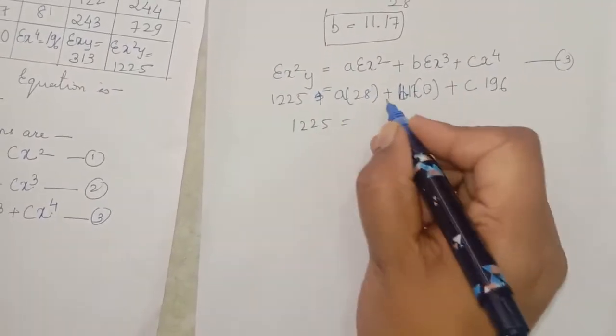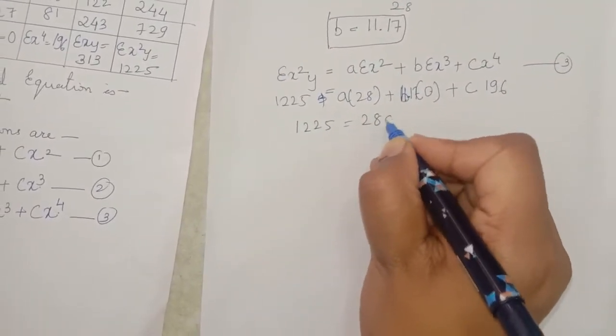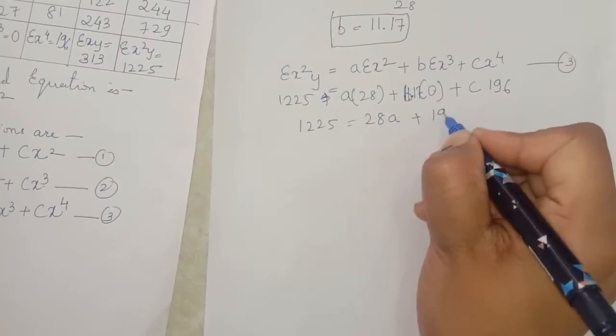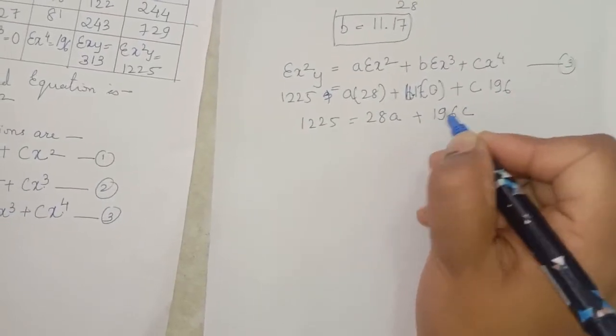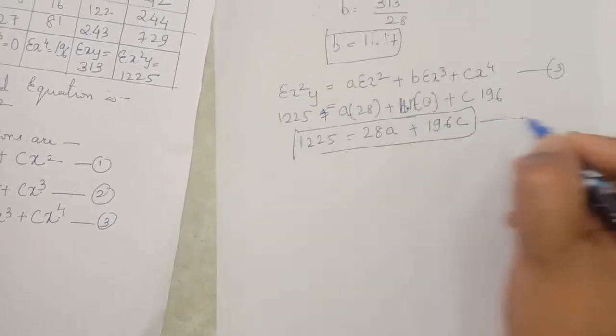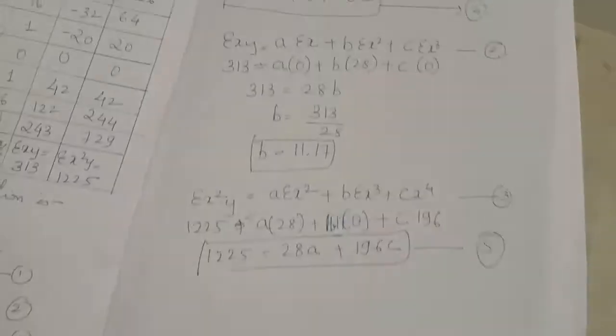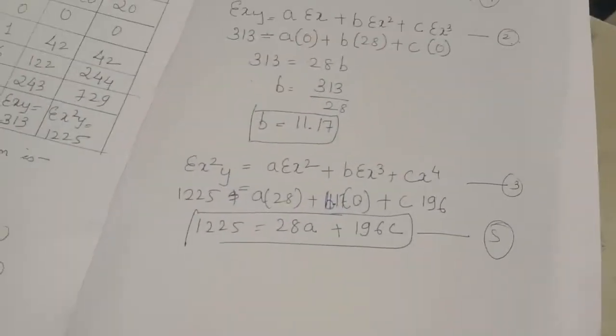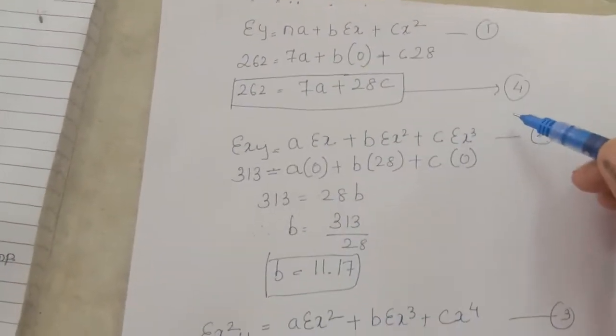1225 is equal to 28a plus 196c. Okay, now this becomes your fifth normal equation. Understanding? So from the first main equation we got the fourth equation.